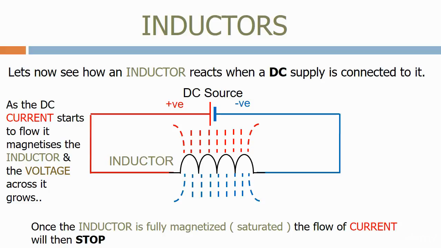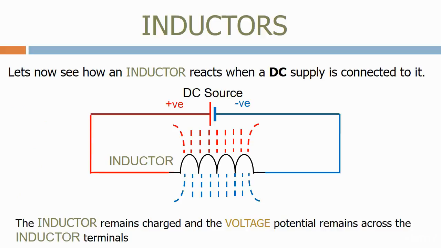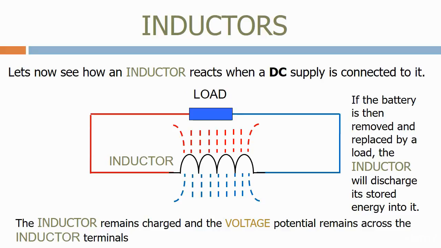Once the inductor is fully magnetized, i.e. saturated, the flow of current will then stop. The inductor remains charged and the voltage potential remains across the inductor terminals. If the battery is then removed and replaced by a load, the inductor will discharge its stored energy into it.